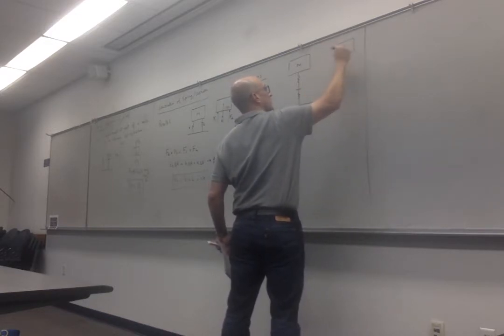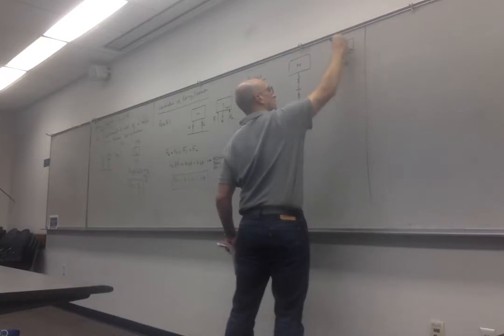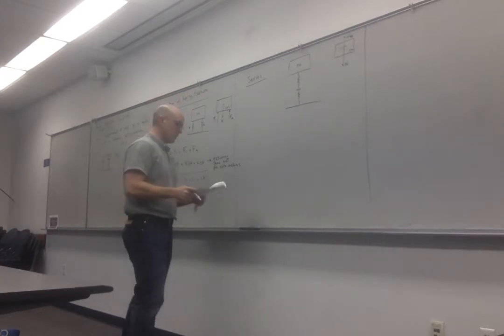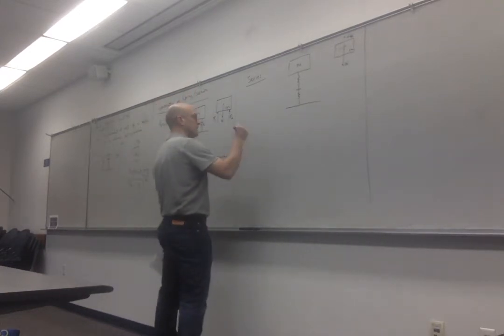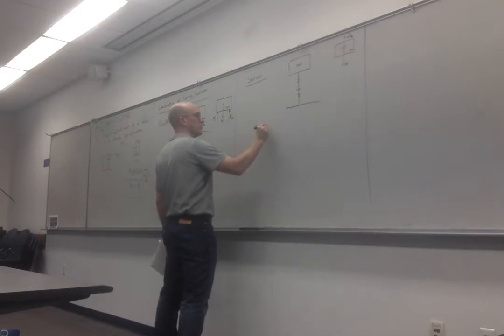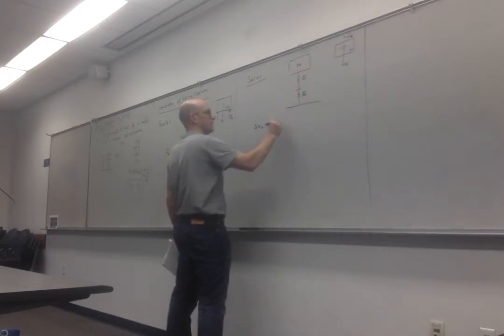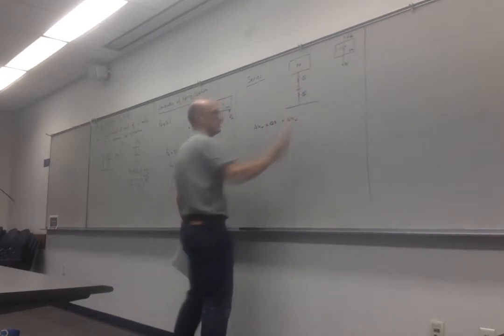What you're going to be dealing with in this case, you have the weight and you have the equivalent force from your system. So in this case, the total delta X is going to be equal to delta X1 plus delta X2.